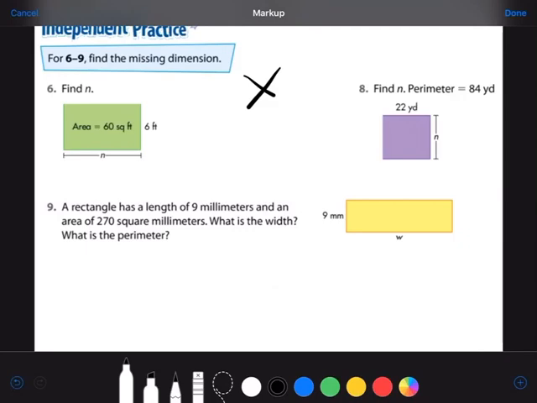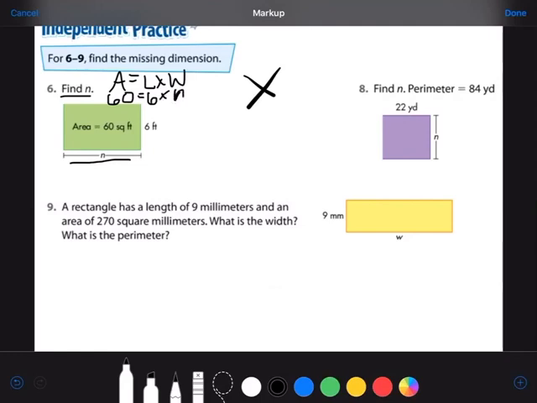Okay? So we have area this time, and we are missing the width, n. We need to find n. Well, I know that area equals length times width. I know that the area is 60. They told me. I know that the length is 6, they told me, times the width.